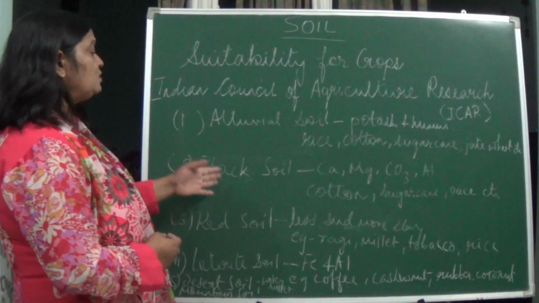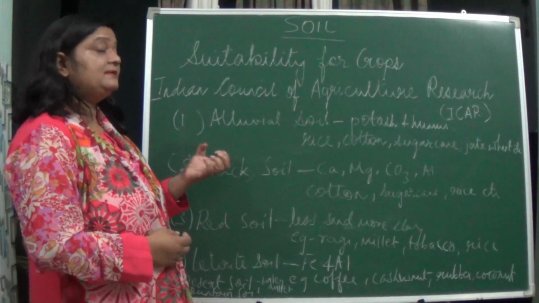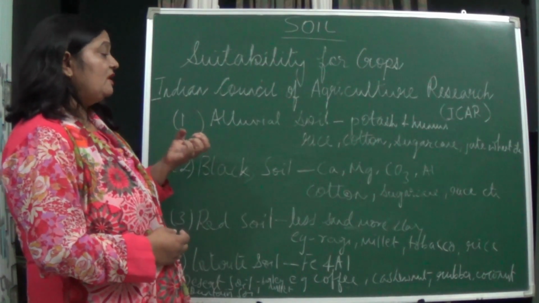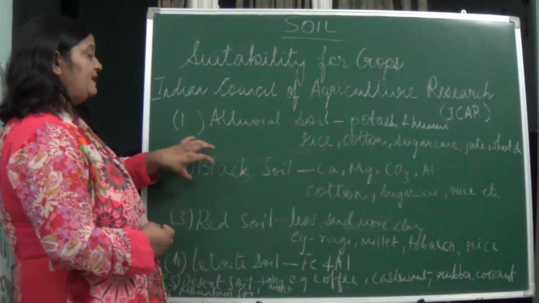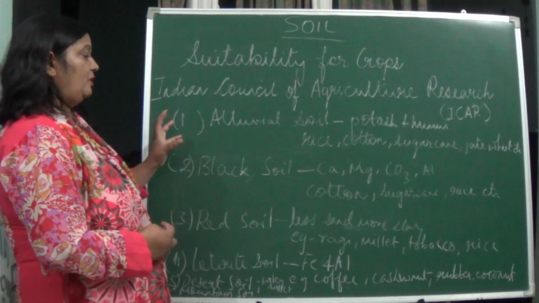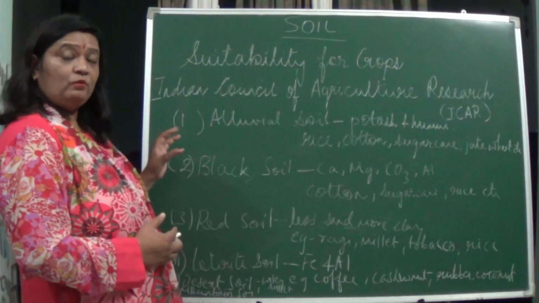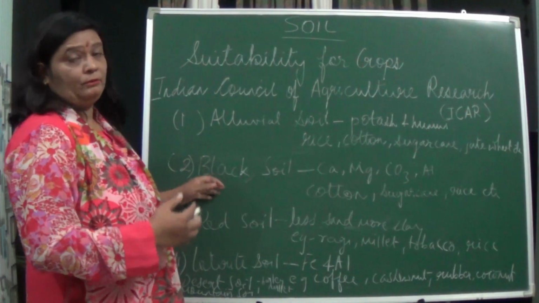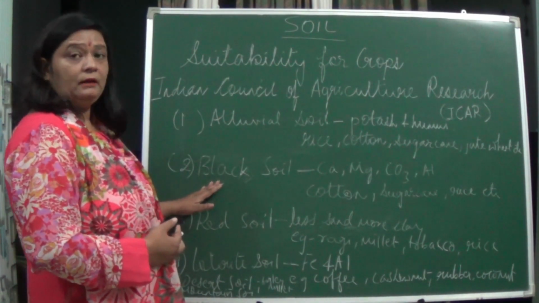This soil consists mainly of different elements like calcium, magnesium, carbonates and aluminium. It is black and dark in color, and it is best for growing cotton, and other crops like sugar cane and rice can also be grown in black soil.